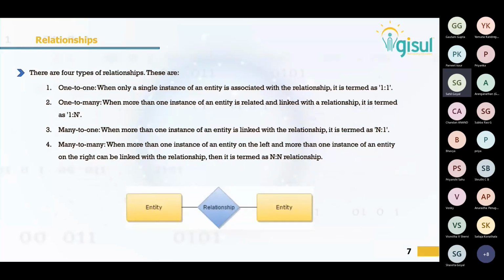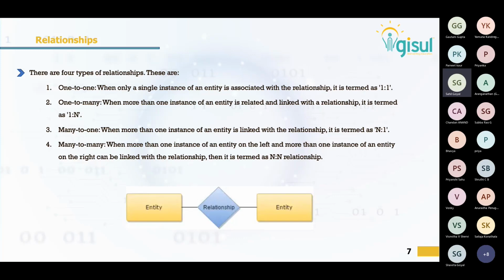So an example of a many to many cardinality is, let's say there is a certain employee who is going to have a certain skill set. One employee can have multiple skills, and similarly, multiple skills can be linked to multiple employees.